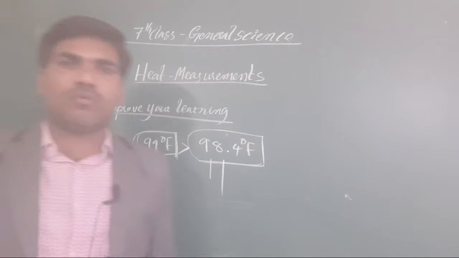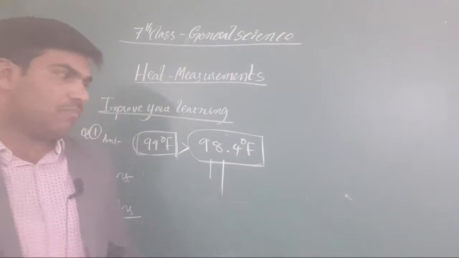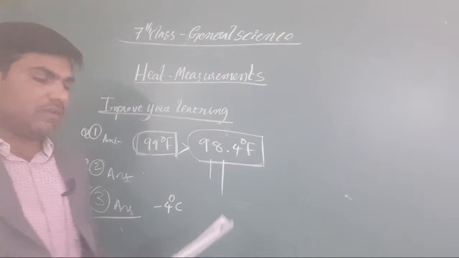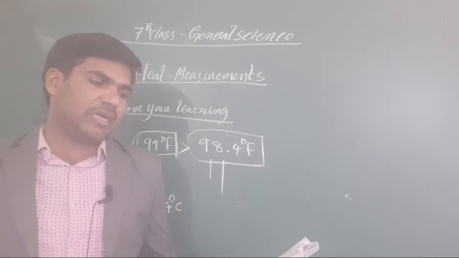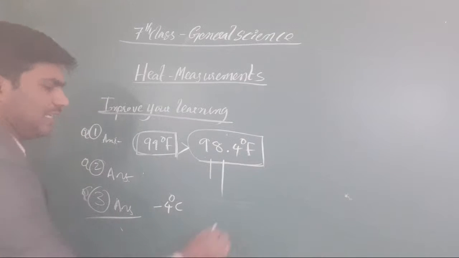Next, one more thing. The temperature of Srinagar is minus 4 degrees centigrade. What is the temperature of Srinagar? Minus 4 degrees centigrade. And Paderu in AP is taken as 3 degrees centigrade.